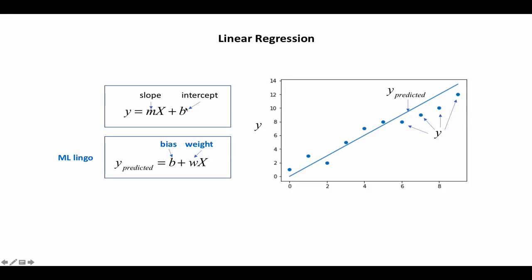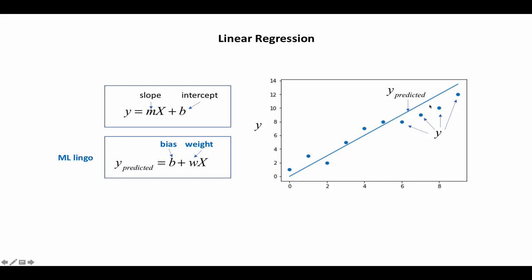In machine learning lingo, you usually write the equation a little bit backwards, so that the intercept, which we call the bias, comes first, and then the slope, which we call the weight, comes second. Also, we use the term y here for the actual data points, and then the y values we get from this equation are y predicted.